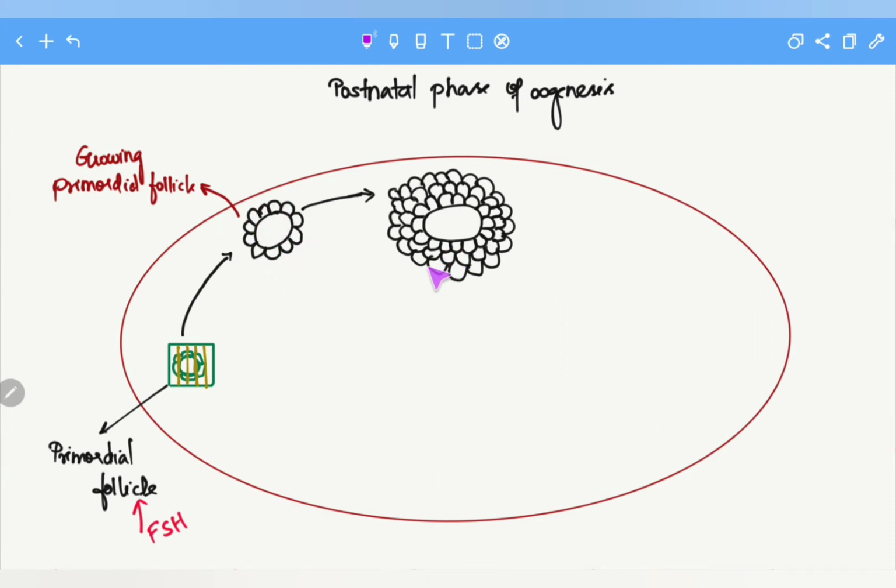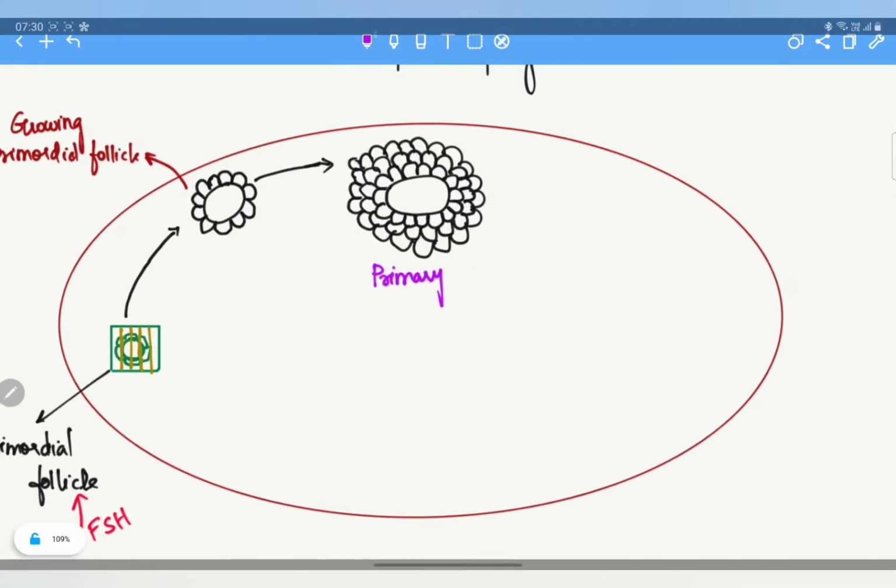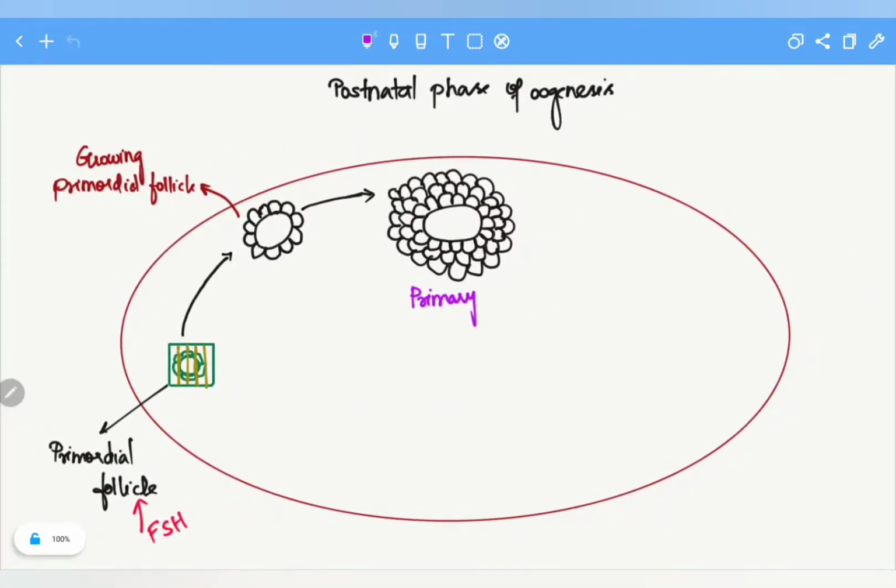At one stage it becomes stratified cuboidal epithelial cells surrounding the primary oocyte. This primary oocyte surrounded by stratified cuboidal epithelial cells is called the primary ovarian follicle.